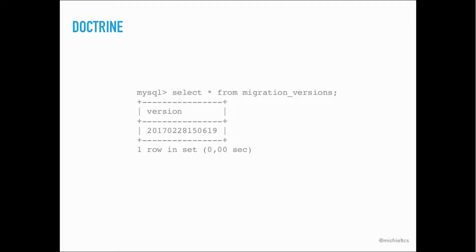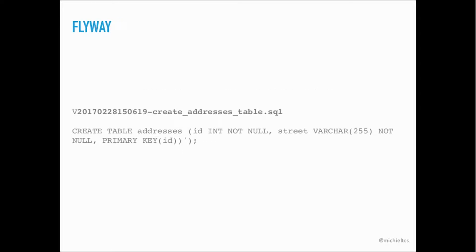Now, the tool I use the most is called Flyway. Flyway does not do down. It only goes up. The reason is that rollbacks, and I will come back to that in a little bit, are essentially impossible in the general sense. So they said rollbacks, we're not going to support that. The only way is forward.